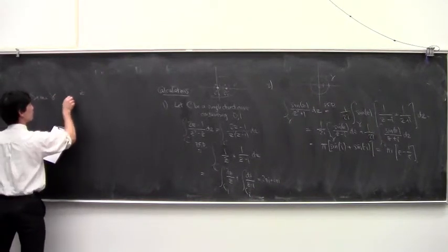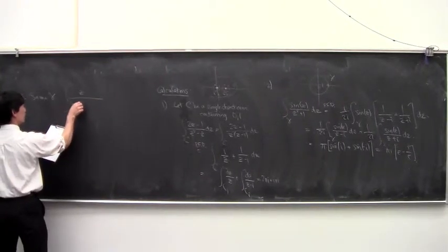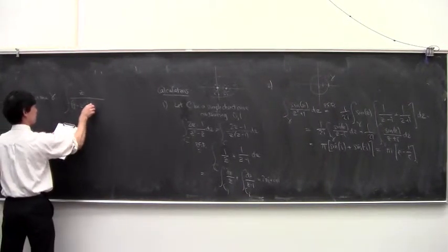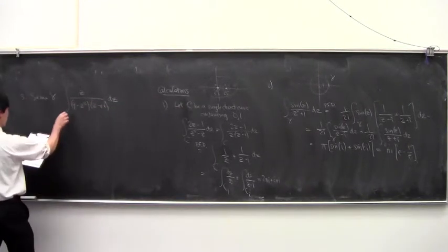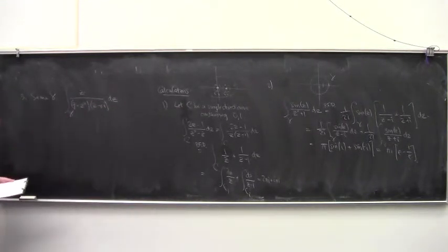So using the same gamma, try to evaluate this: i minus z squared, z plus i. Easy. Okay, take a minute or two and see if you can evaluate it.